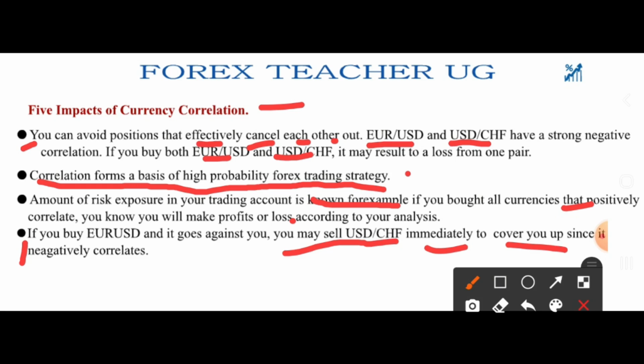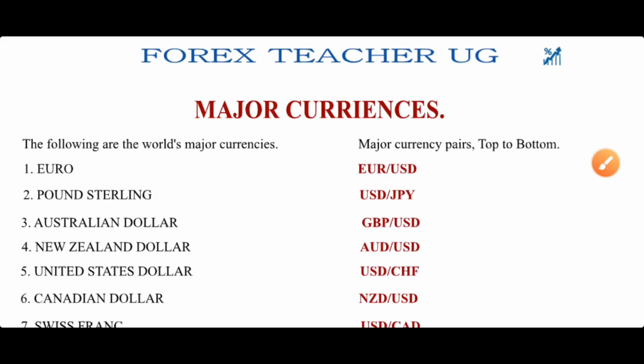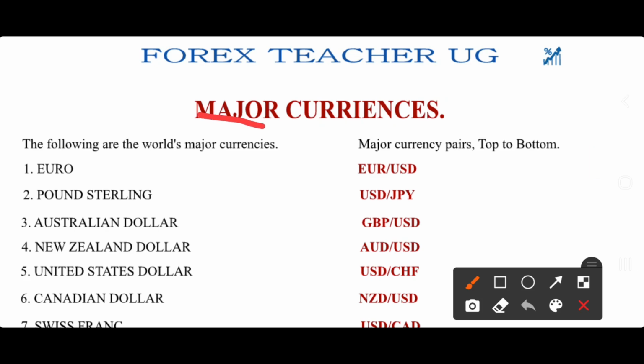Sometimes there are other factors, e.g. economic factors, which can stop the correlation from happening. Some news can be released in Europe when in the USA there is no news, so you should be extremely keen. Let's talk about the major currencies, which I want you to keep a keen eye on, because we are going to be using them in our trading to become extremely successful.